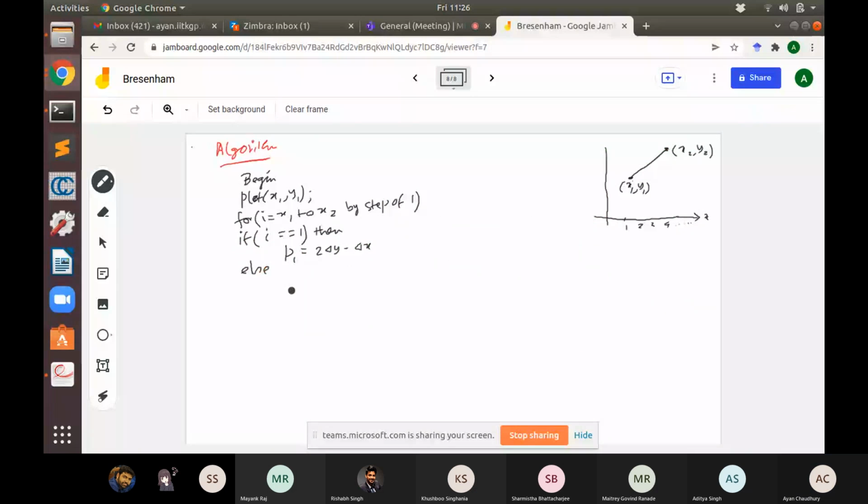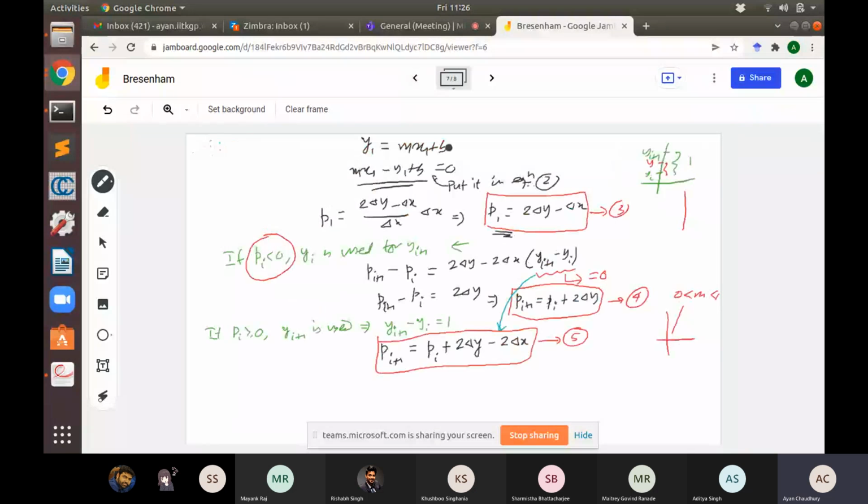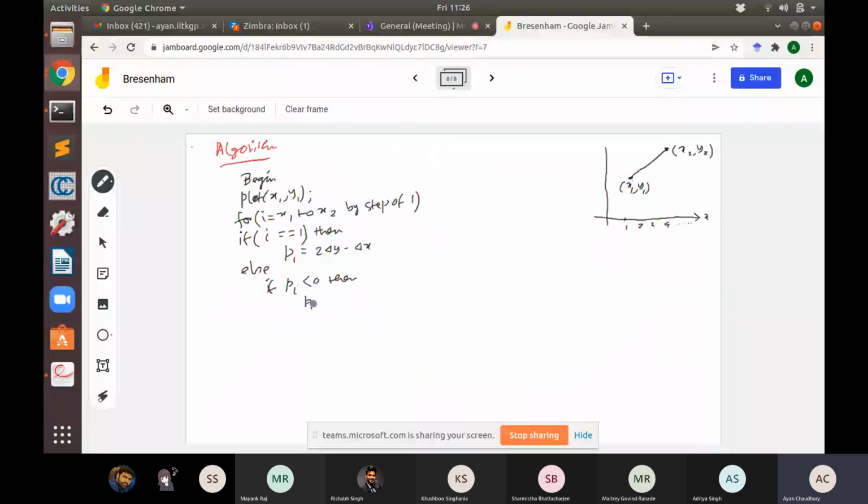Else, we have to consider two cases. If pi is less than 0, then what will be the expression? This one for pi plus 1. Actually, we don't write it here as pi plus 1; we still write it as pi just for convenience.